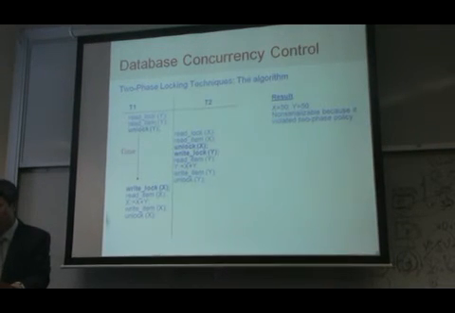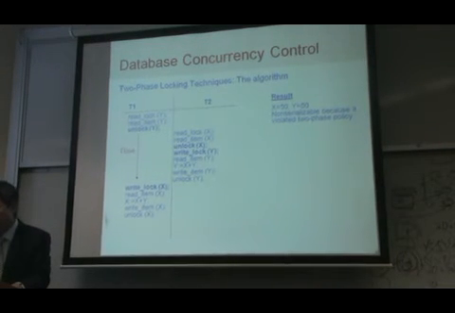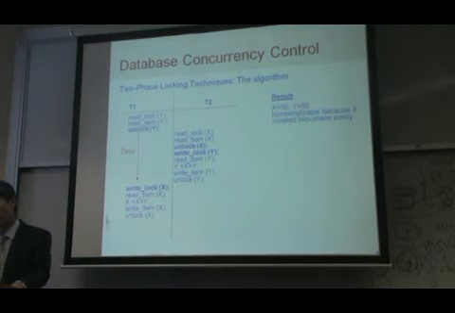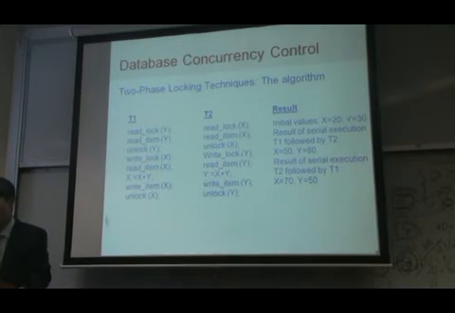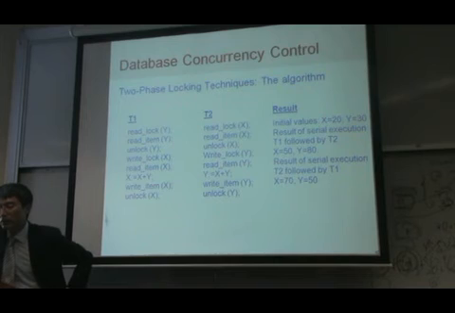The initial values are 20 and 30. The result of serial execution, T1 followed by T2, will be 80 and 80. Then the result of serial execution, T2 followed by T1.